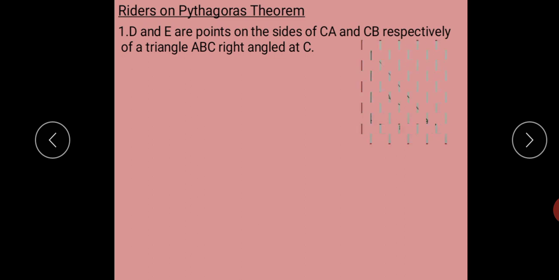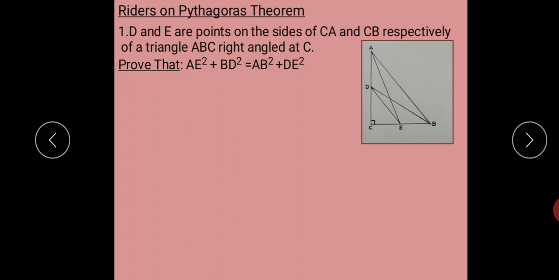I'll read the question along with the figure. D and E are points on sides CA and CB respectively of a triangle ABC, right angled at C. Let's see what is asked to prove. Prove that AE square plus BD square is equal to AB square plus DE square.